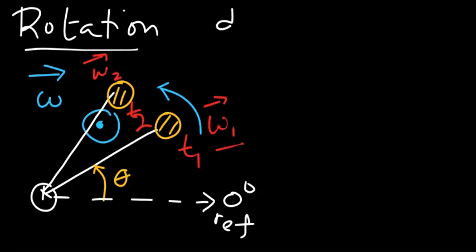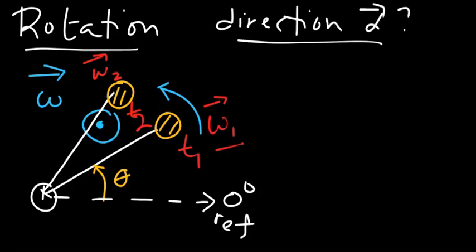What about the direction of that angular acceleration? This is how we determine it. Coming back to this diagram, if omega 2 is greater than omega 1, which means the rotation is speeding up, then the angular acceleration follows the direction of angular velocity.